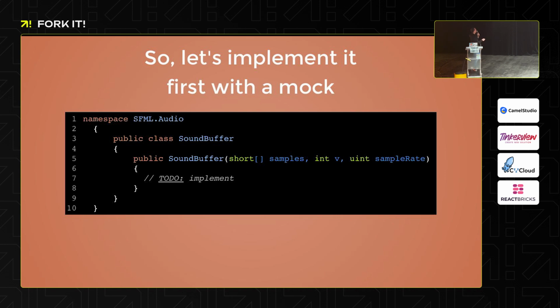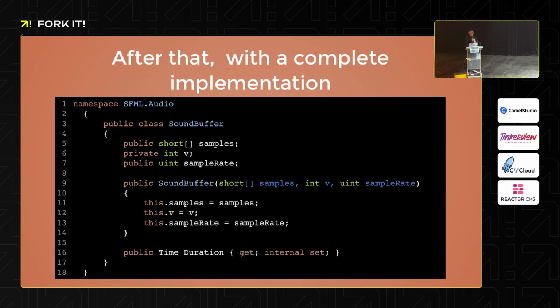I just create a new class which reproduces the same signature, the same package name, and also, with some reverse engineering, or by just viewing the code and understanding the code, reproduce the arguments of the constructor. So first with a mock until it builds, so empty implementation. And once I have the project building, I started implementing missing features to have something on screen and to hear some audio.